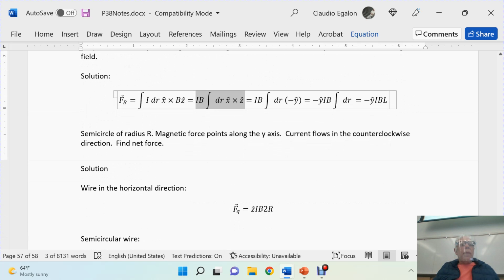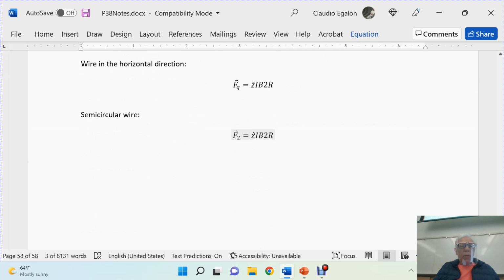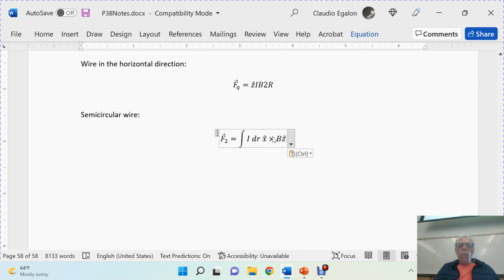The I is not going to be in the x hat direction. The I is going to be in the theta hat direction.